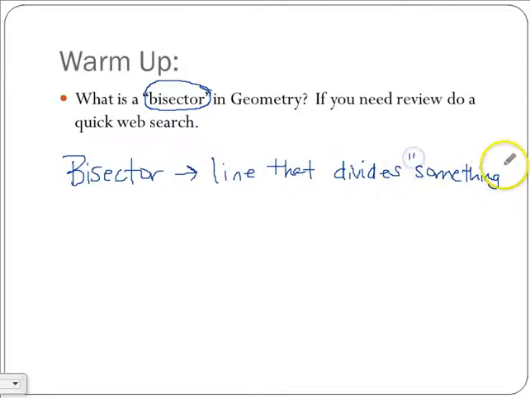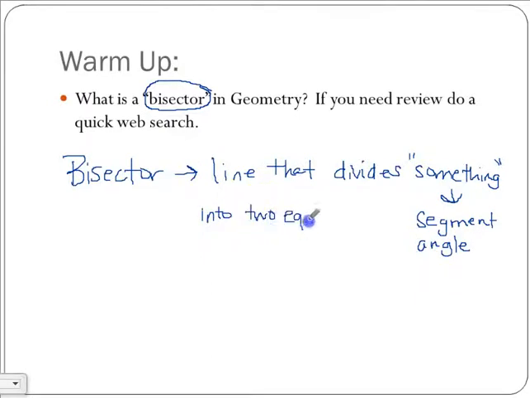So a bisector is a line that divides something into two equal parts.